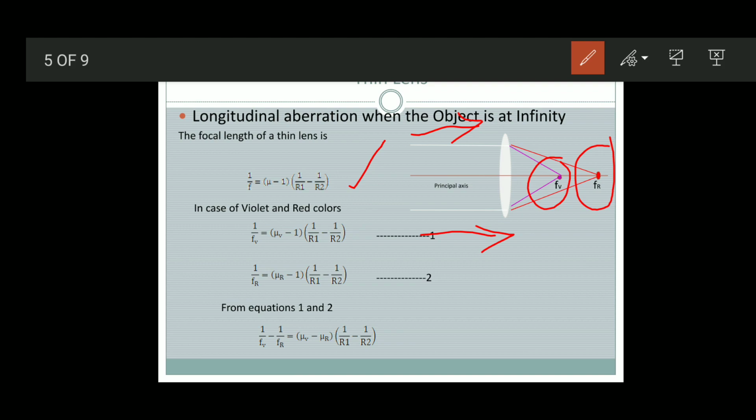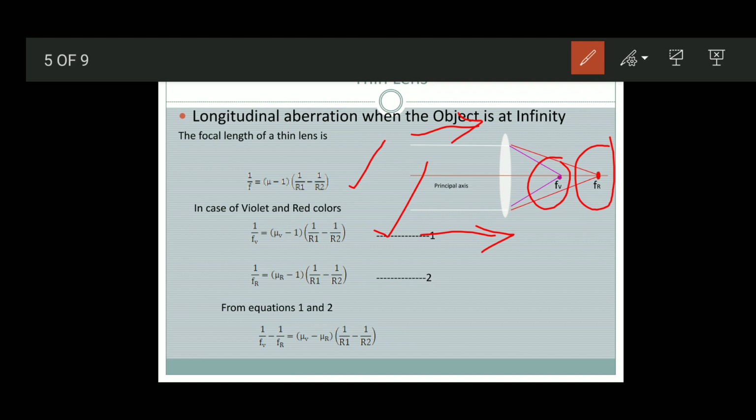If this equation is applicable to violet color as well as red color, then what happens? For violet, 1 by Fv is equal to (mu V minus 1) into (1 by R1 minus 1 by R2), where Fv is the focal length of the convex lens for violet color and mu V is the refractive index of the lens material for violet color.